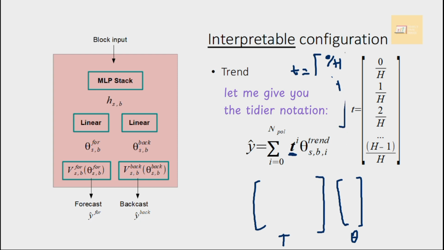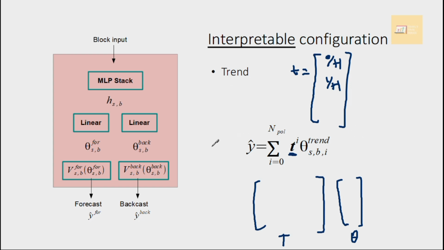Since we're talking about the forecast. If we talk about the backcast, then it's going to be 0 over L, and so on. The denominators would be L, and the length would be L. This vector t is put as a column, and each column has a polynomial degree. The first column gets degree 0, so this would be t to the power of 0, in other words just a column of 1s.